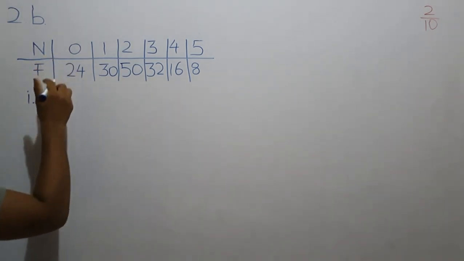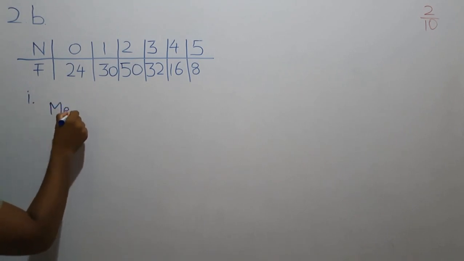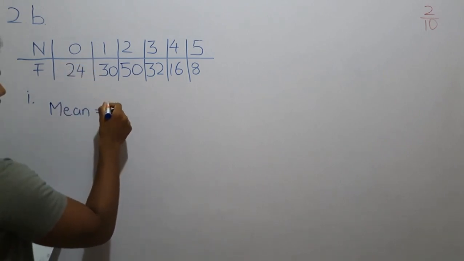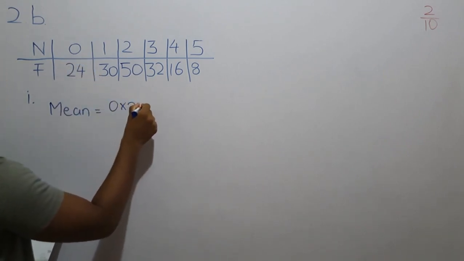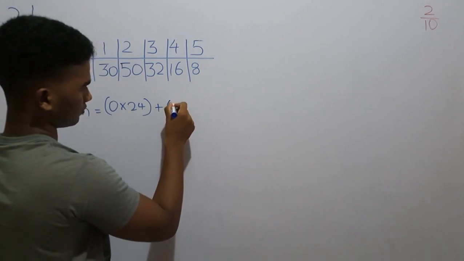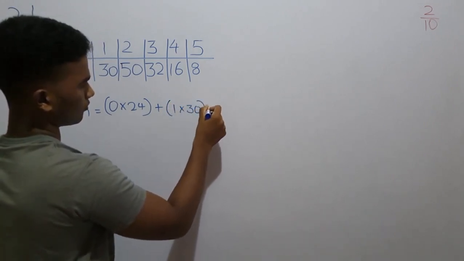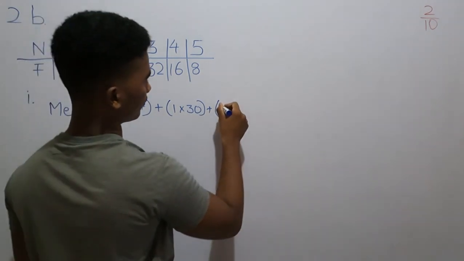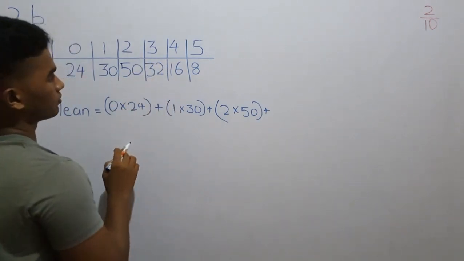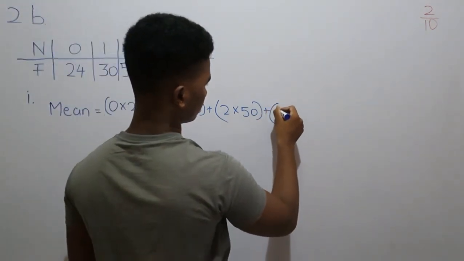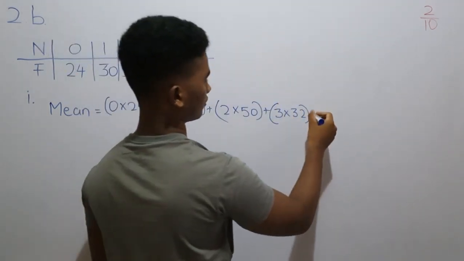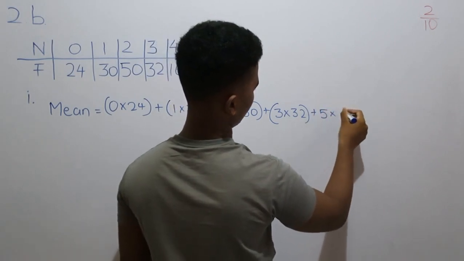So we'll first multiply 0 into 24. Mean equals number of errors made into frequency: 0 into 24, the first one, plus the second one is 1 into 30, plus 2 into 50, plus third one is 3 into 32, plus 5 into 8.